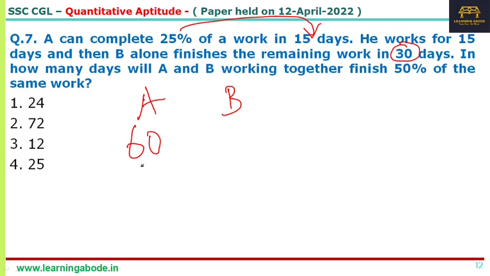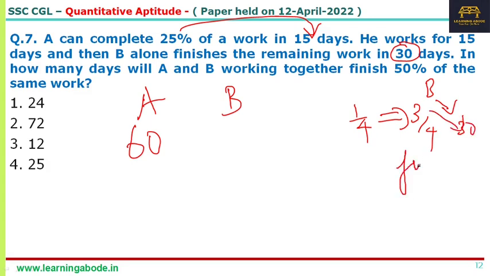A has completed 1/4 of the work, so the remaining is 3/4. That 3/4 work B is able to complete in 30 days, so B will be able to do the full work in 40 days.